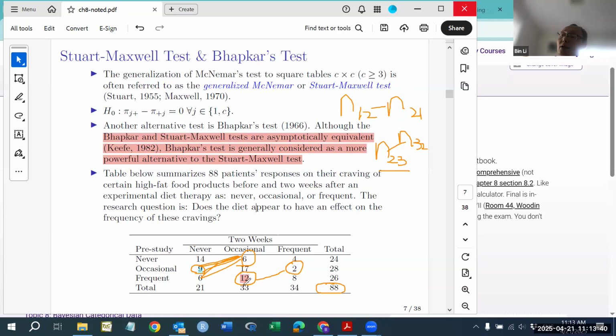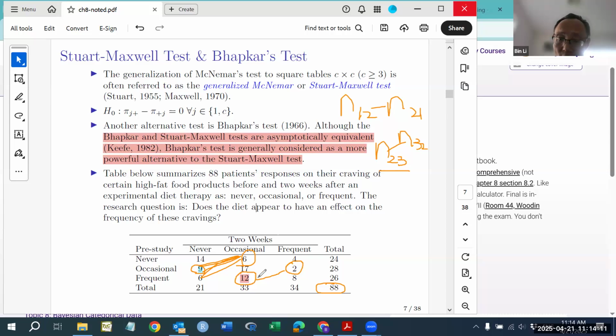So I'm just telling you, for these matched pair studies, we should focus on the switching proportions or the frequency in these off-diagonal cells. But you also need to do the comparison, right? How large is large? You also need to compare with its symmetric switching spot.